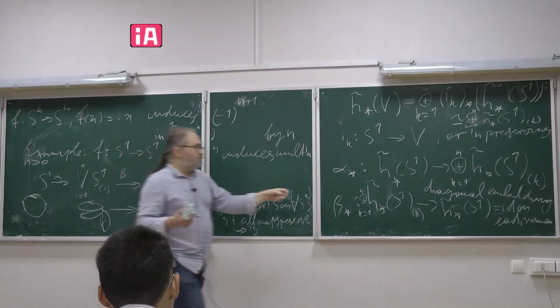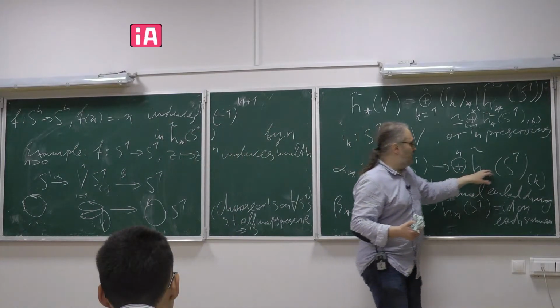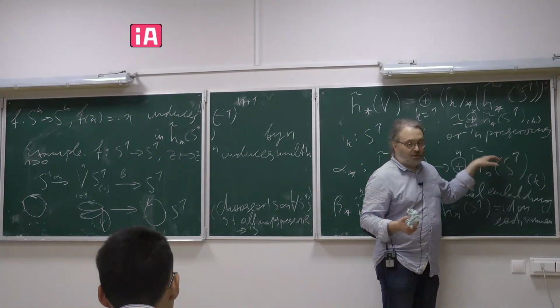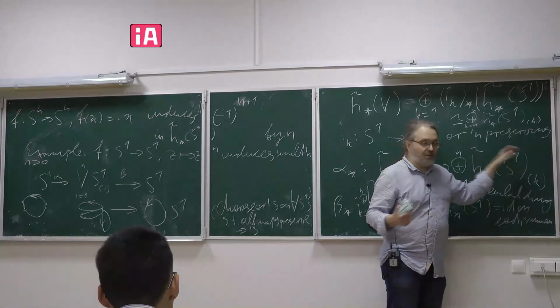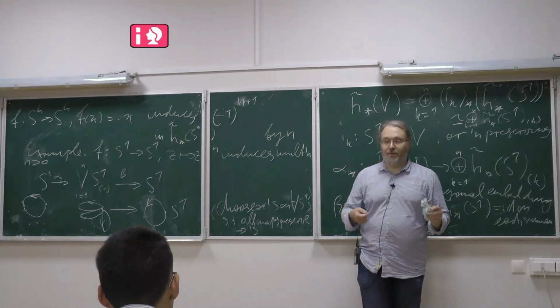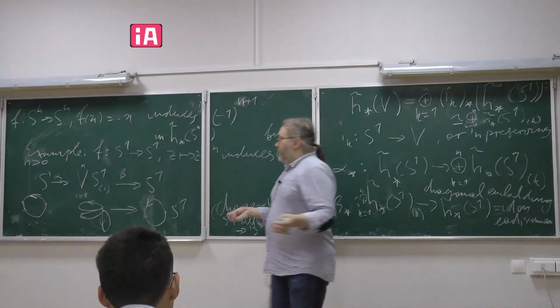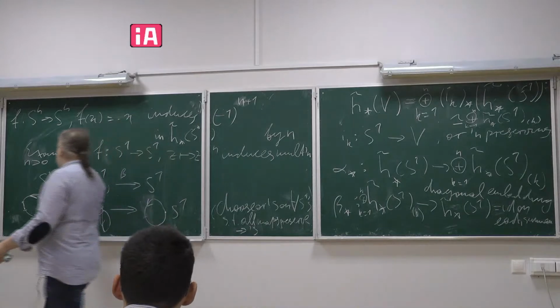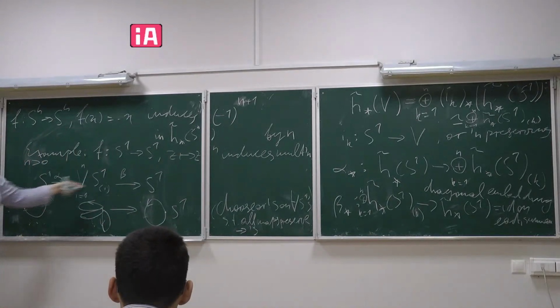So what does this map do? It takes a sequence of elements of H tilde of S1 and takes the sequence to the sum. And then the composite multiplies everything by n. Does this make sense?